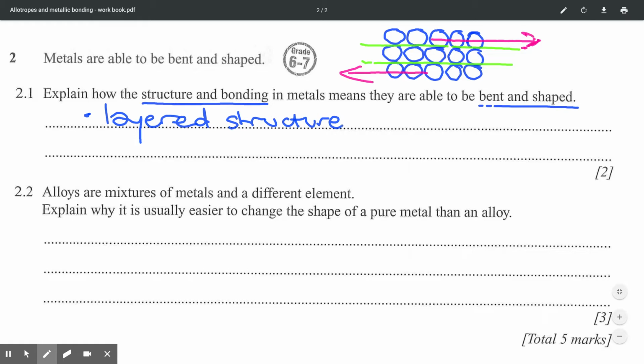That's got a layered structure, and the layered structure allows them to slide over each other. So we have the layered structure which can slide over each other, giving it this stretchable property and various keywords like being able to bend and shape the thing, and things you might learn in other subjects such as DT, for example.